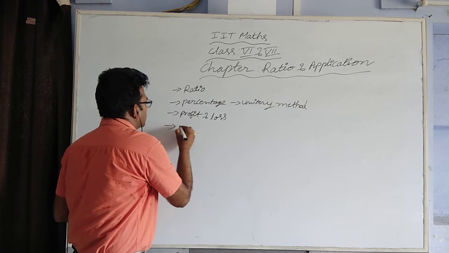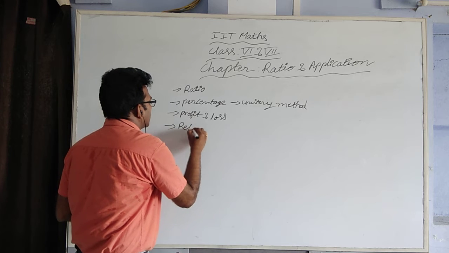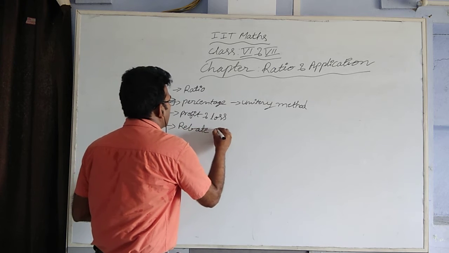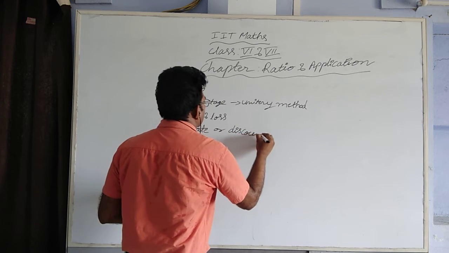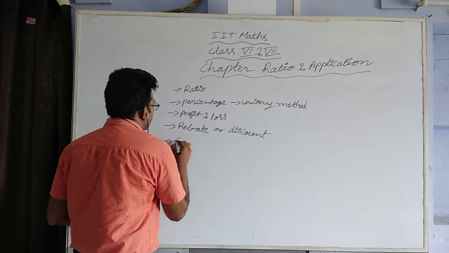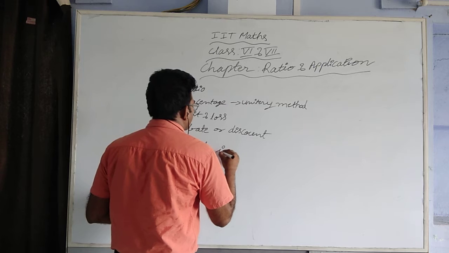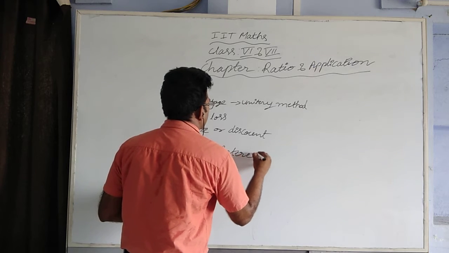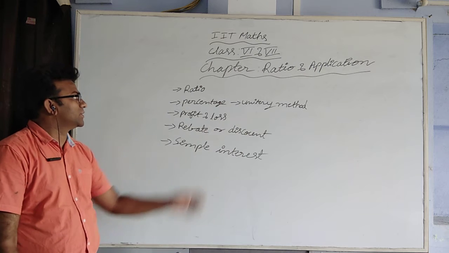Next, rebate or discount. So the next, finally, simple interest. So first of all we know about the ratio.